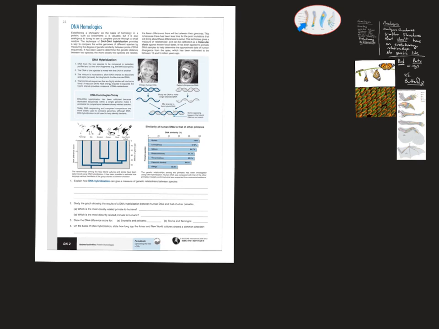We have thumbs, we have phalanges, we have ulnas, just like these organisms do. But our structures are very much more similar to one another than, for instance, they are to a whale or a bat. So our structures are similar, so it makes sense that our DNA would be very similar as well.